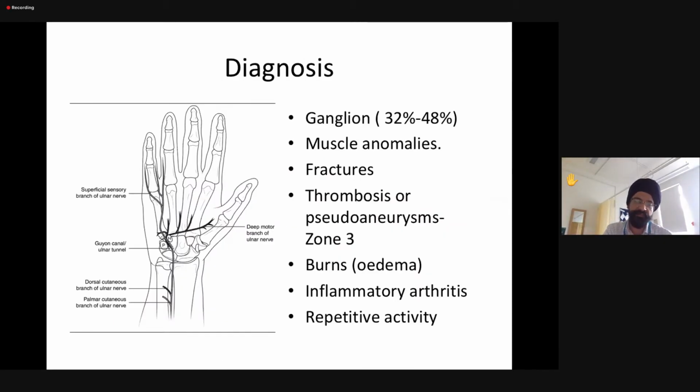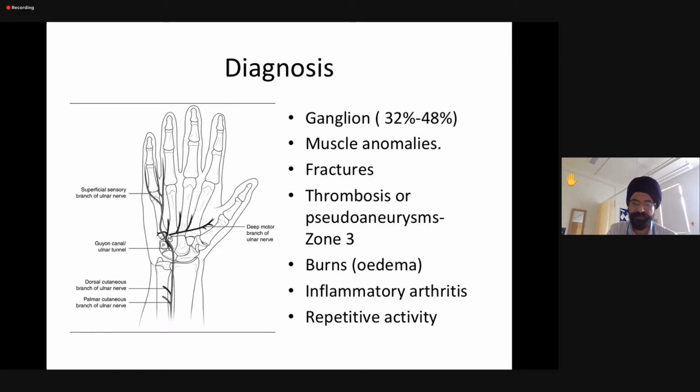Again, for the diagnosis, the most common cause is a ganglion in zone 1 or zone 2. Then muscle anomalies such as the palmaris brevis, and fractures of the hook of the hamate, are again reasons why people get Guyon's canal symptoms.